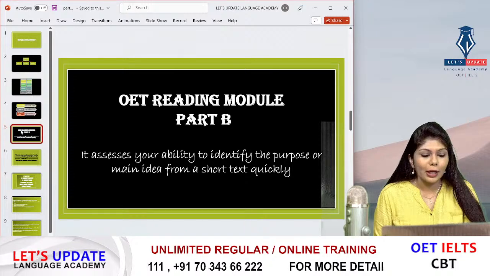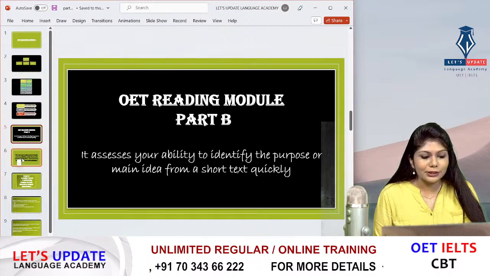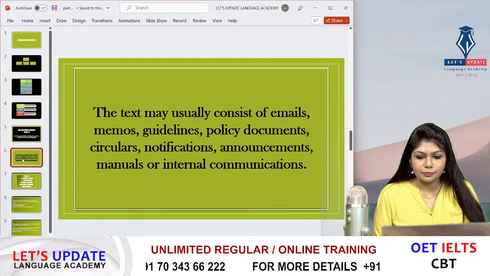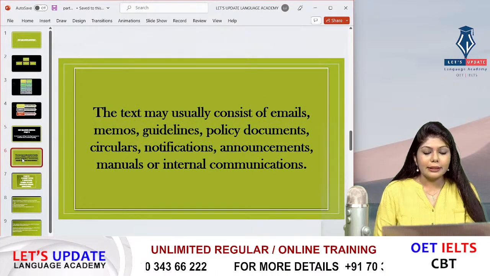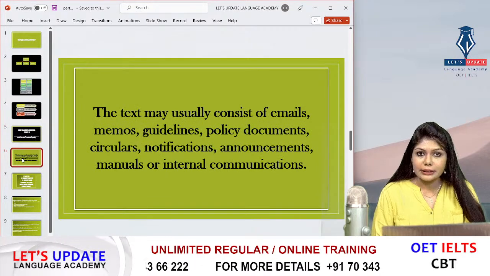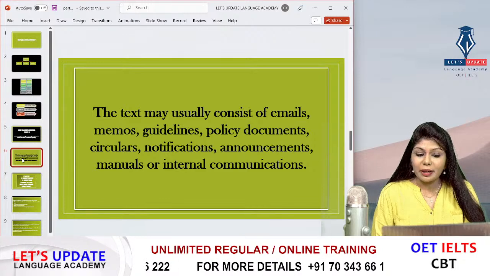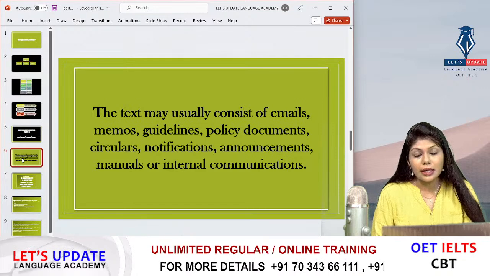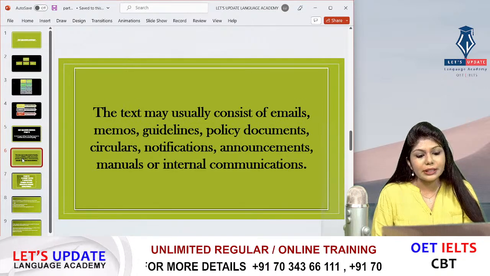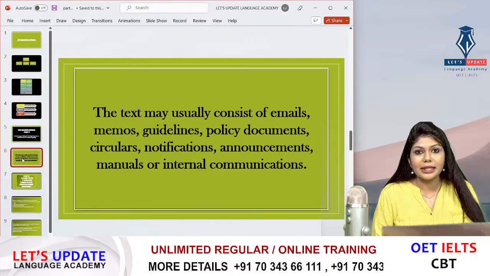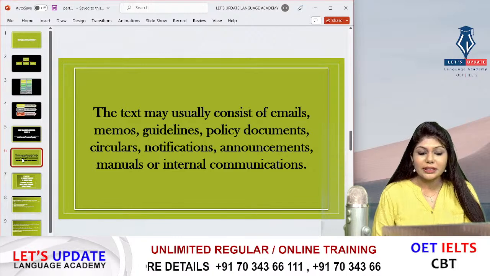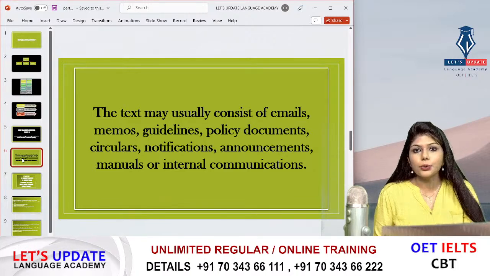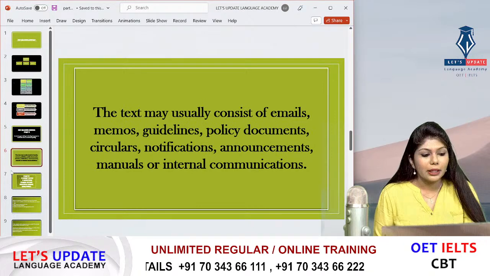That is what you are expected to do in part B. The text may usually consist of emails, memos, guidelines, policy documents, circulars, notifications, announcements, manuals, or internal communication. These are the kind of extracts you can expect in part B.